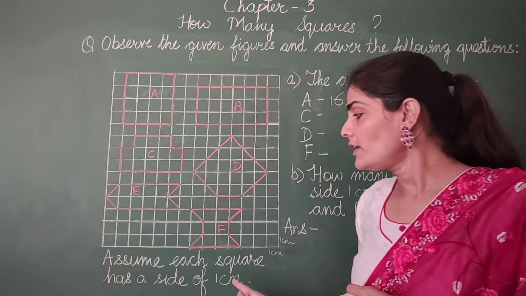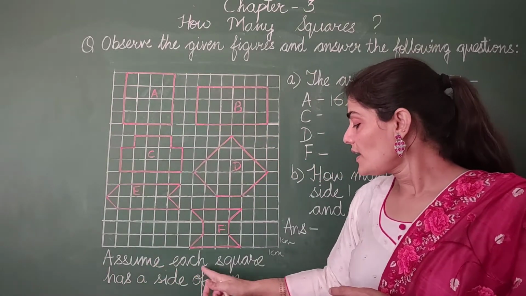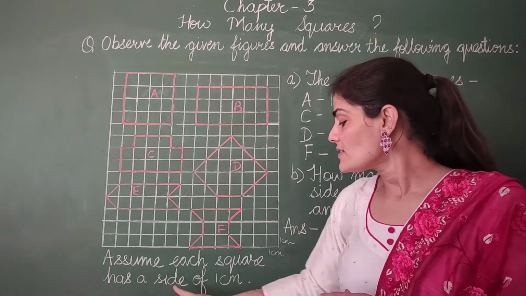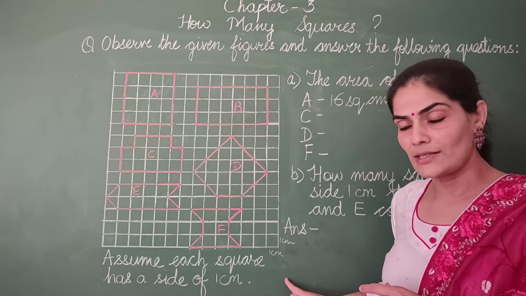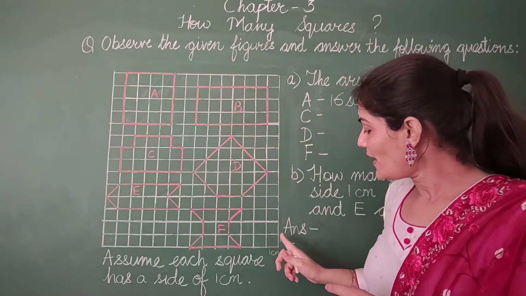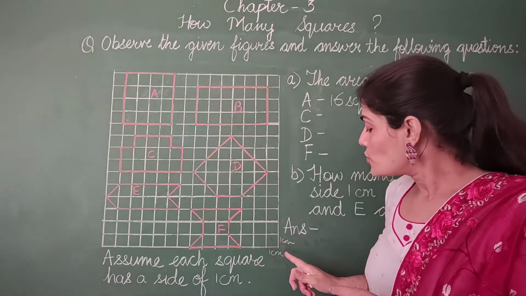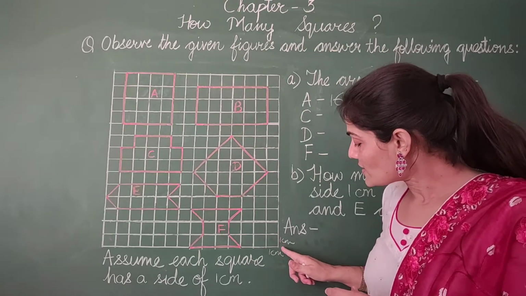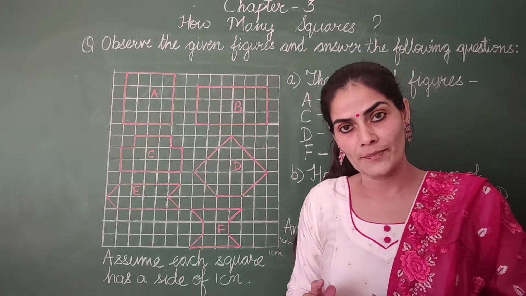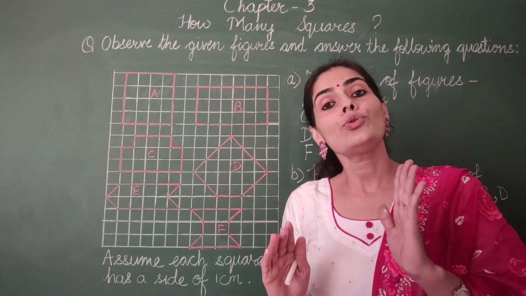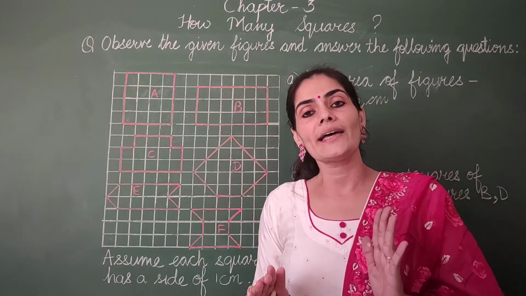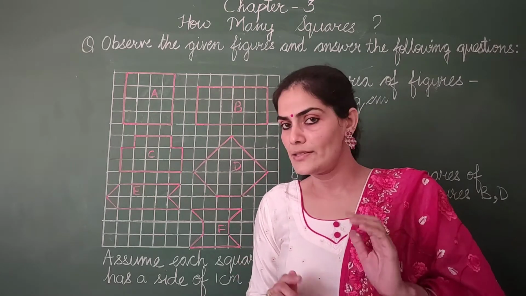As it is given here, assume each square has a side of 1 centimeter. Like the square grid is made with small squares. So here each square has a side of 1 centimeter. If it's given, then you will be writing the area as square centimeter.